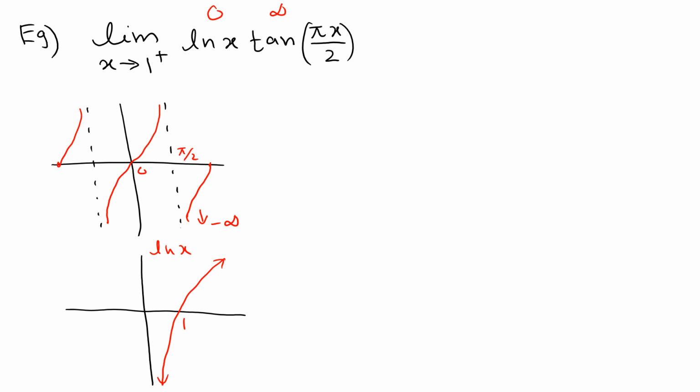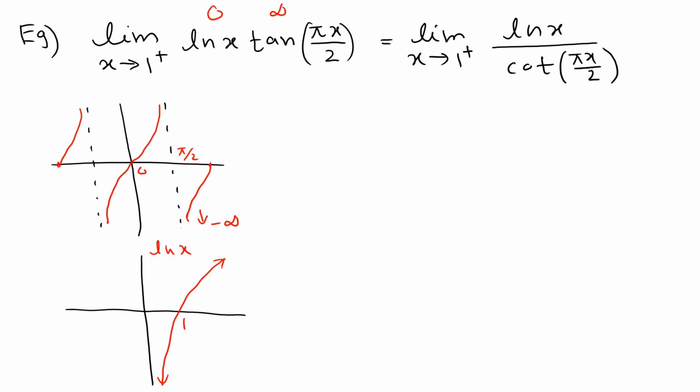Now what can we do for this one? The easiest thing is to move the tan function to the denominator, because we know that 1 over tan is cotangent. So you can write this as the limit when x goes to 1 from the right of ln x over cotangent of pi x over 2, because cotangent is 1 over tangent.